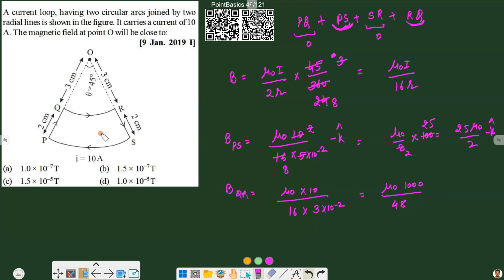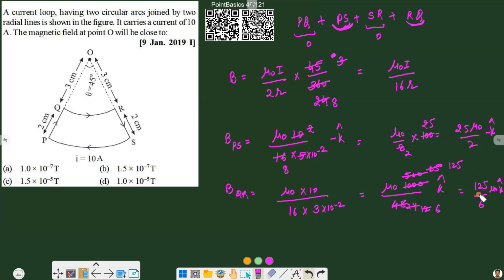We also have to notice the direction: for current flowing from left to right, using the right hand screw rule, the direction of the magnetic field will be out of the page, or plus k. Cutting it further, 500 by 24, 250 by 12, 125 by 6. So 125 by 6 mu naught times k.